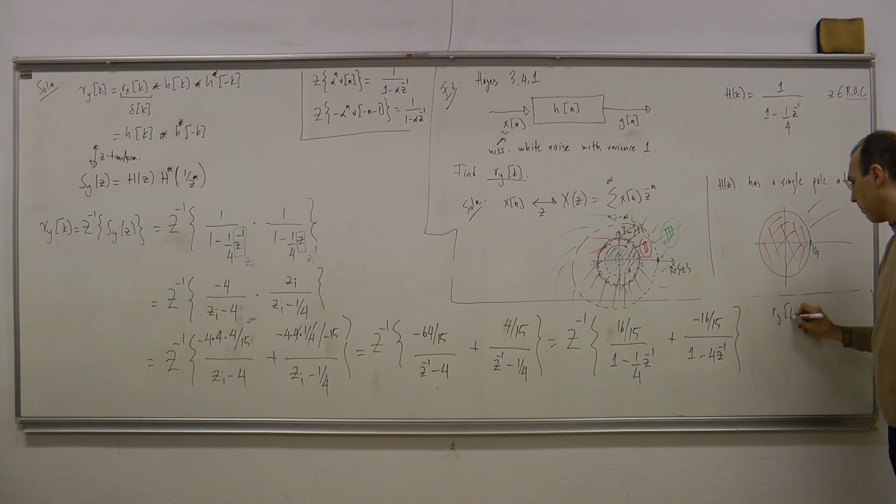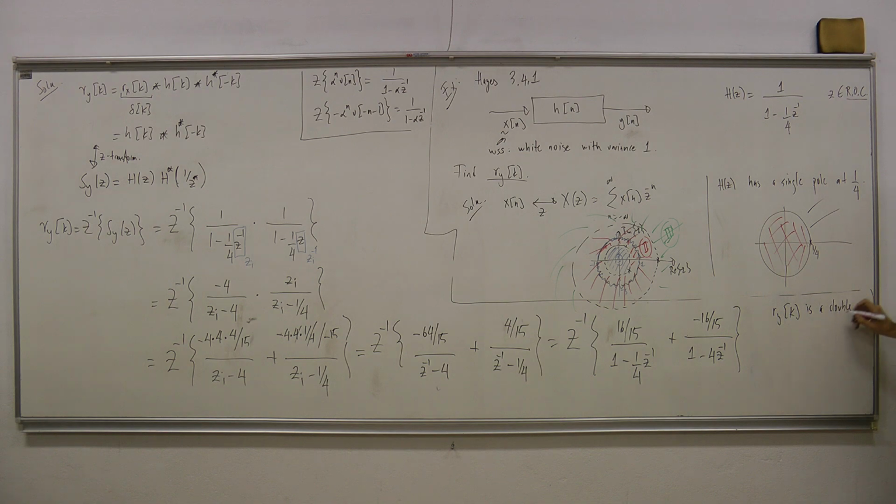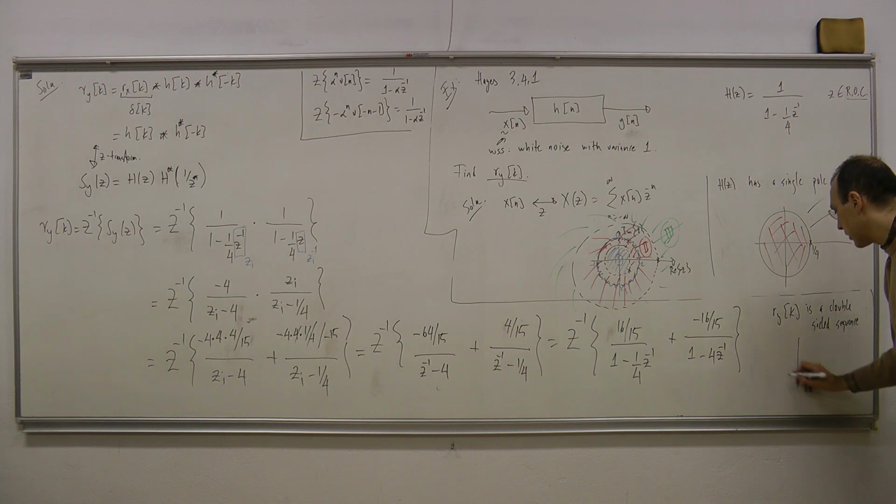Ry[k] is a double-sided sequence. What do I mean? It's something like this. If I have some value at 1 equal to minus 1, and at 2 let's say minus 2.5, then at minus 2 it's also minus 2.5.